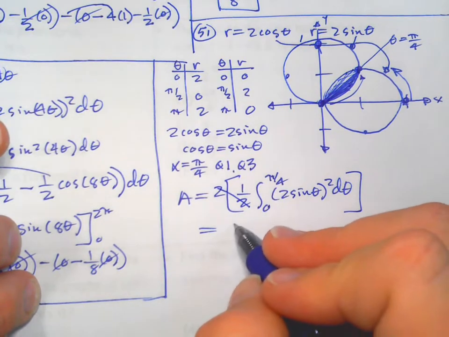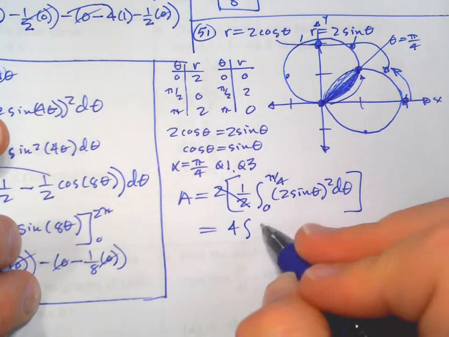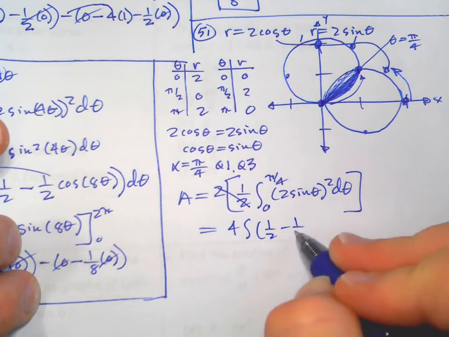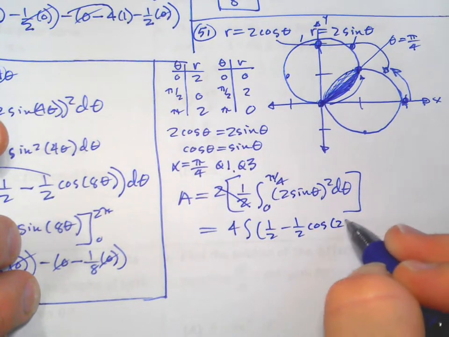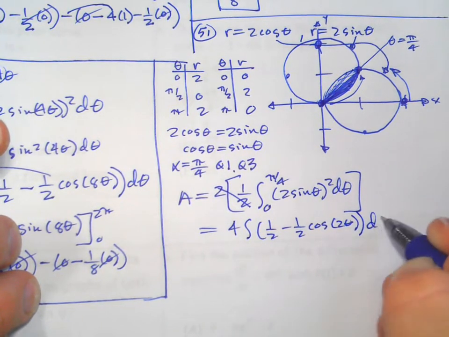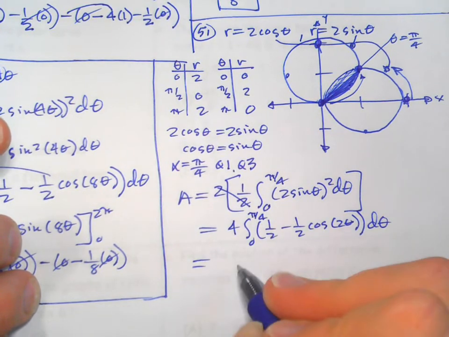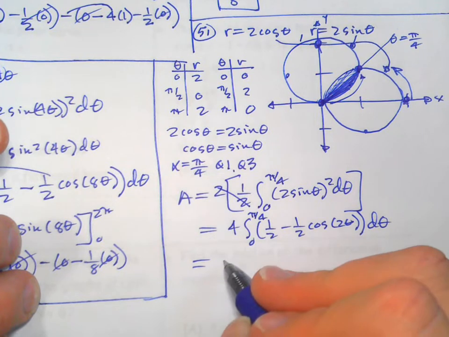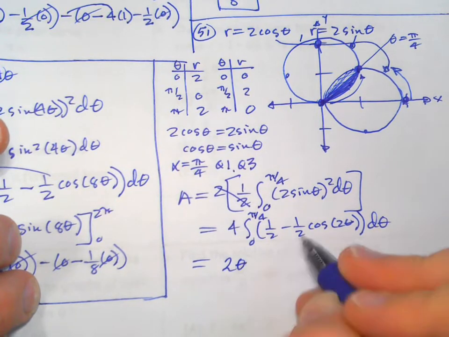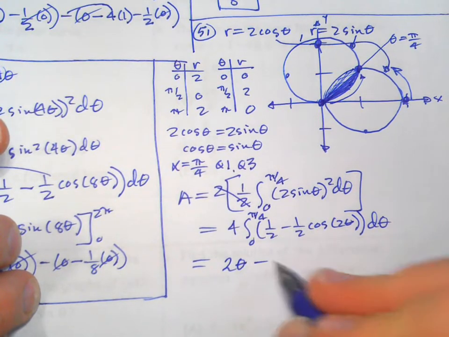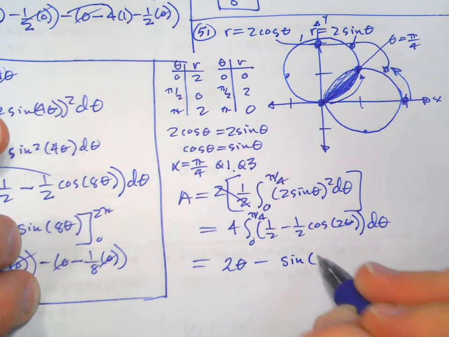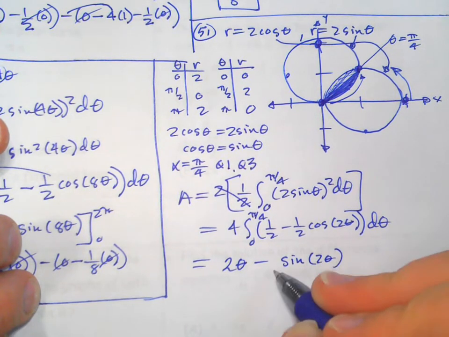So then for sine squared, it's going to be 1/2 minus 1/2 cosine double angle. Multiplying through, we get a 2 theta, then a minus sine 2 theta, which we need to divide by 2.